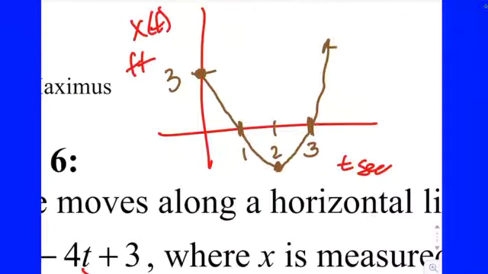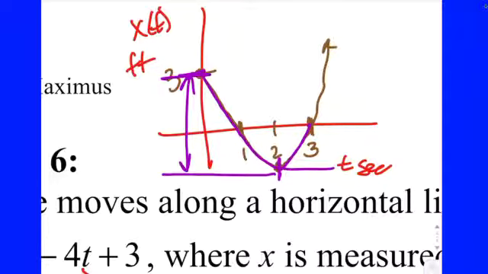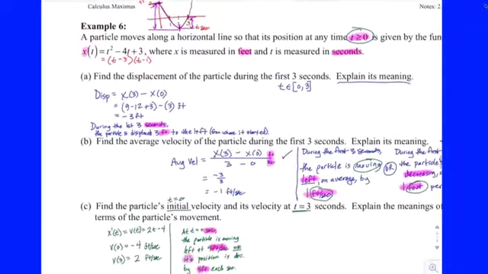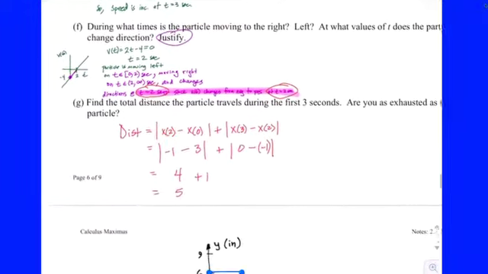So if we wanted to figure out the total distance traveled from 0 to 3, we would need to figure out this distance here, which is what we found, and then figure out this distance here, which is what we found, and then add them together. So you could also graph it to help make sense of the problem, but really we want to get in the habit, for equations like this, of just doing them blindly.